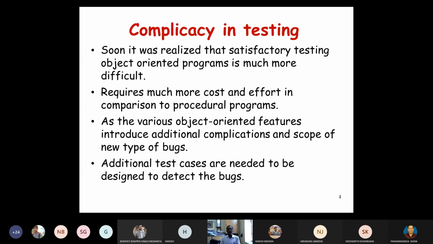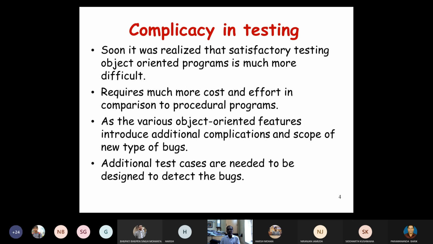Testing object-oriented programs requires, in fact, much more cost and effort in comparison to procedural programs, as the various object-oriented features introduce additional complications and scope of new types of bugs. Why is there a huge amount of cost and effort for testing object-oriented programs in comparison to traditional procedural programs?